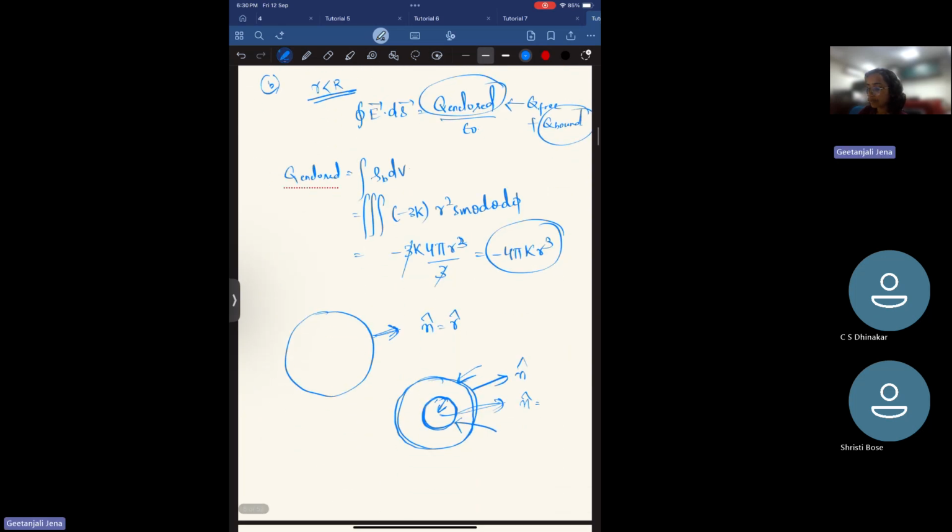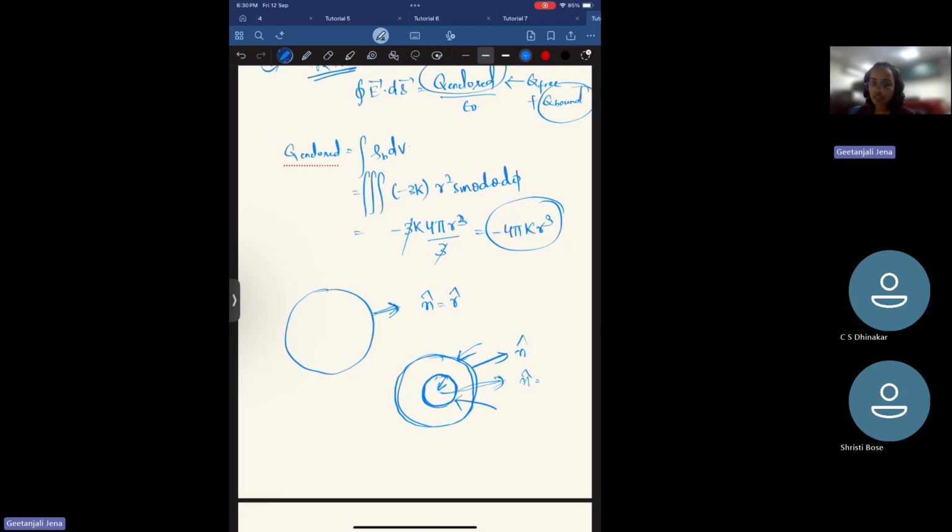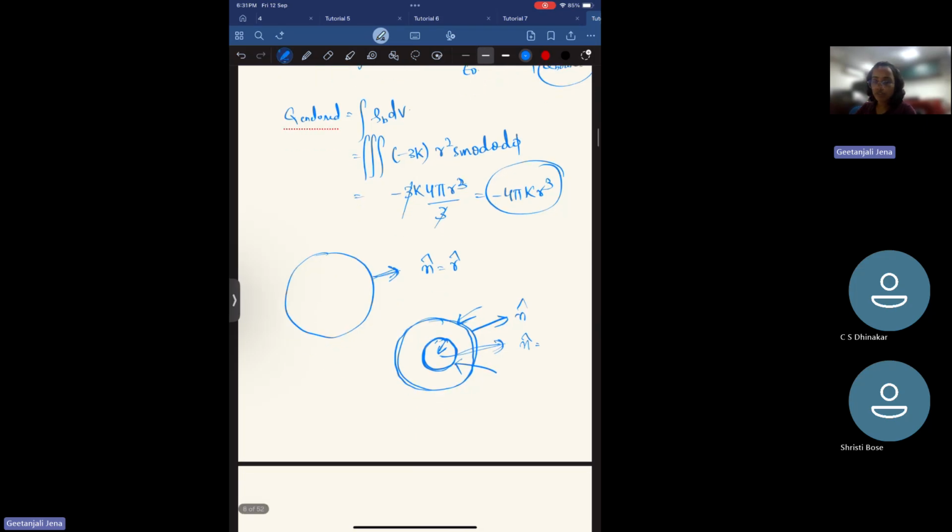Let me clarify the doubts one by one. For Dinakar, I hope it's clear now. Whenever you have two surfaces, the normal should be normal to the surface and away from the volume. For the first case, it's normal to the surface and away from the volume.